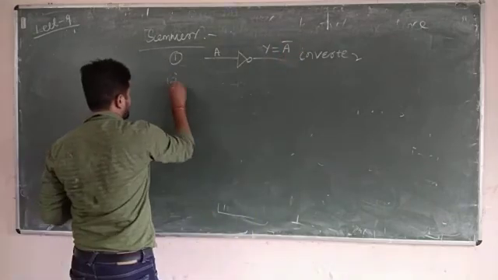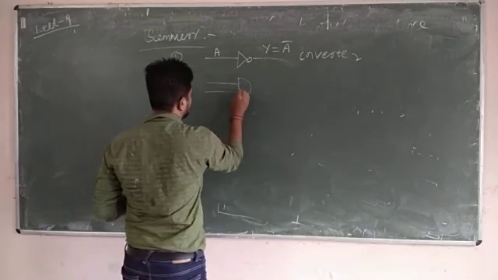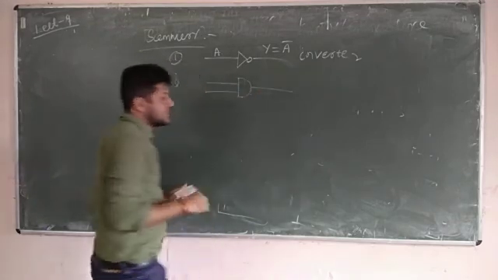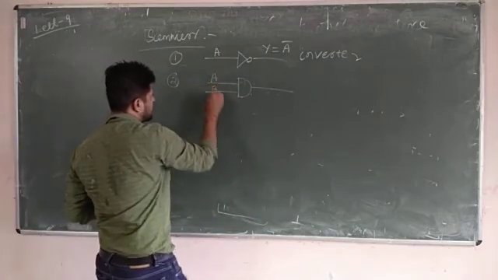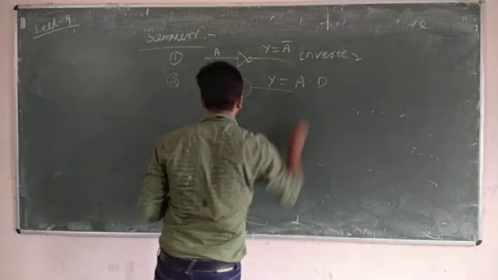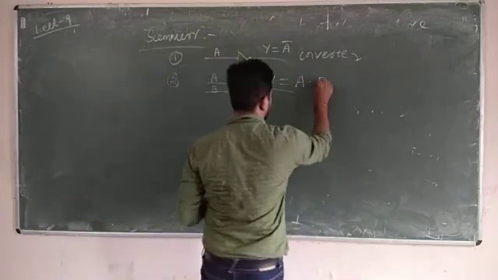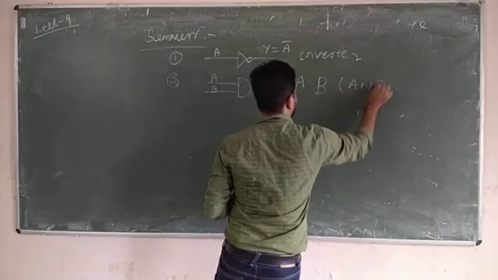Then you have studied another gate, that is your AND gate. So this is the symbol for your AND gate. The minimum number of inputs for your AND gate is 2. So Y is equal to A and B. This is your AND gate.